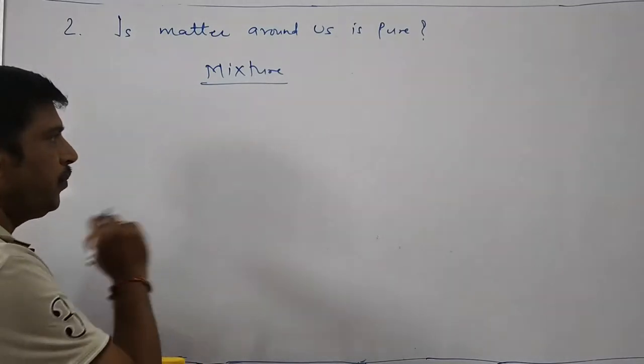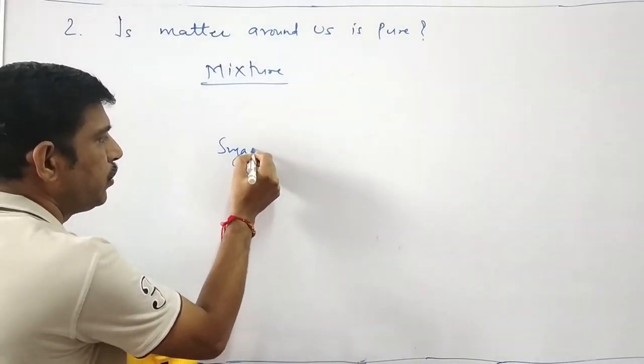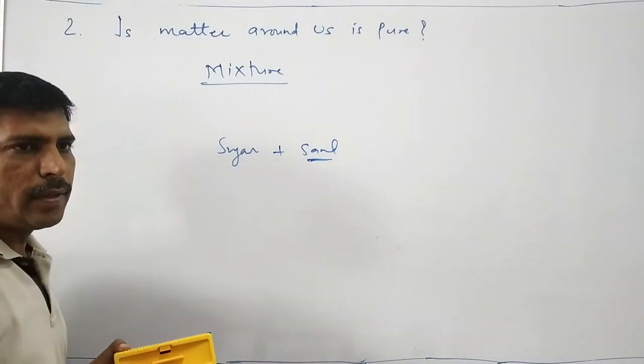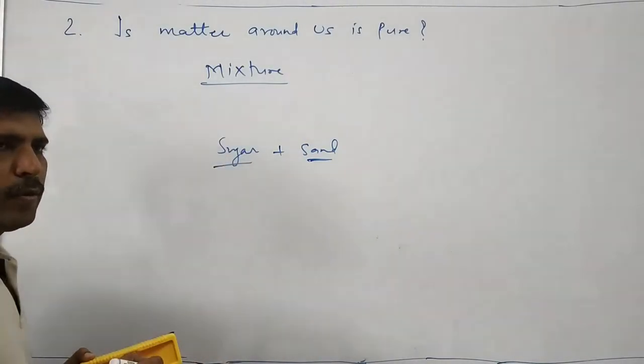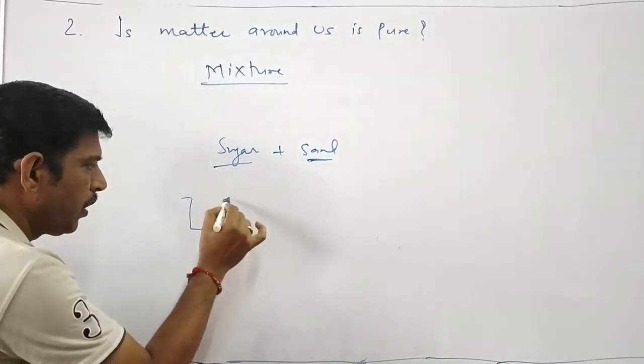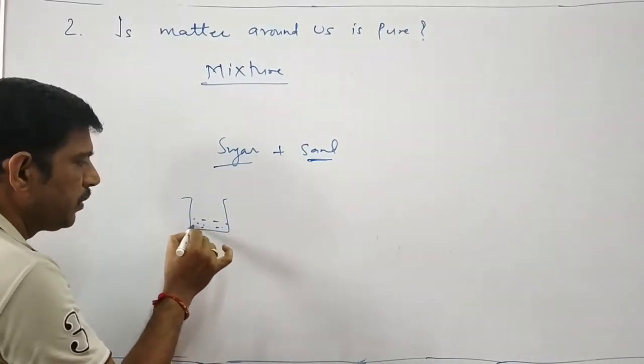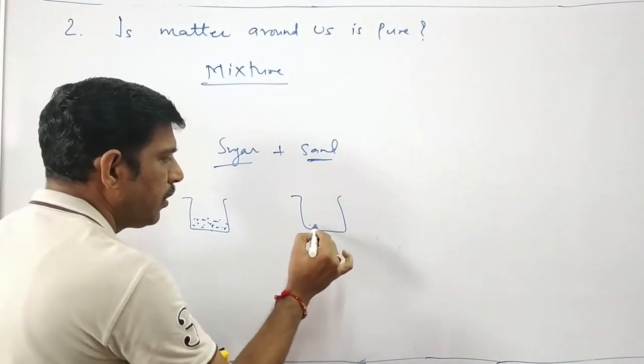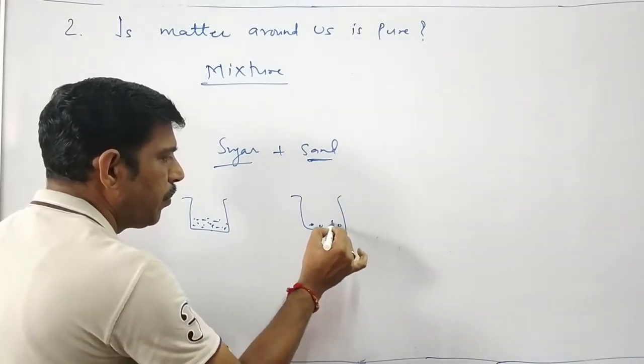For example, sugar plus sand. Sand itself is one pure substance, and sugar itself is a pure substance. In one beaker I have taken sugar particles, and in another beaker I have taken sand particles.